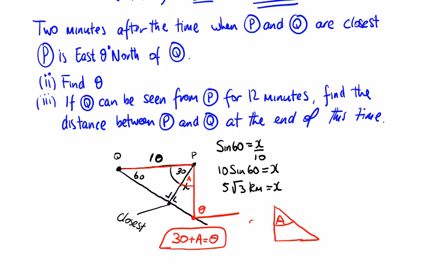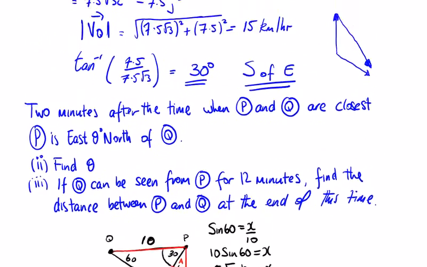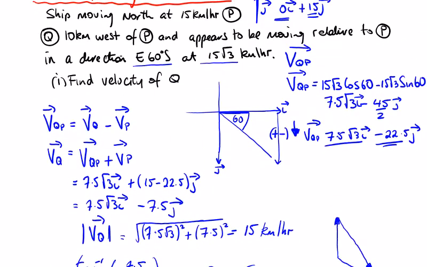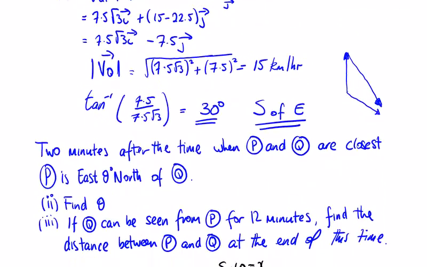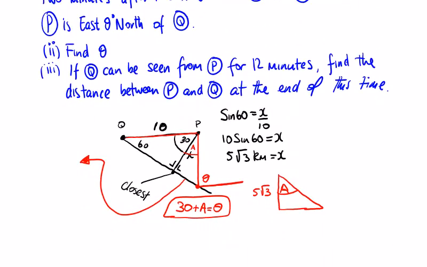What we've only got is 5 root 3 so far in this triangle, so we definitely need something else. Now, we should be able to get this side here. Why? Because we have the speed that Q is traveling at. And what speed was Q traveling at? It was traveling at 15 root 3 kilometers an hour. And we're told 2 minutes later. Okay, so 2 minutes later, we'll be able to get that distance there.